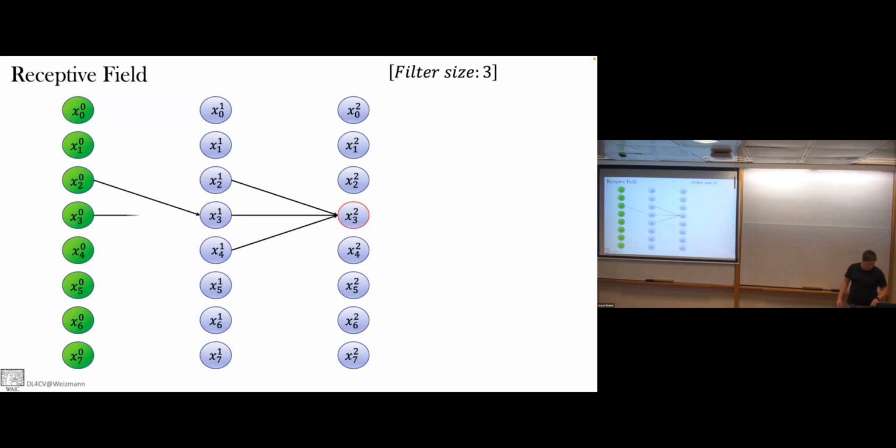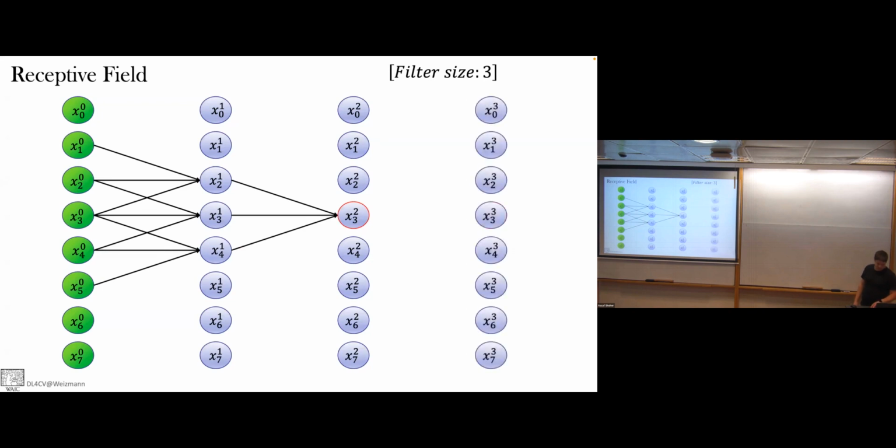So the answer is, if I look at all the neurons that I know that influence this, and I look at who influences them, then I get this result, which is 5. And what if I look at some neuron here?